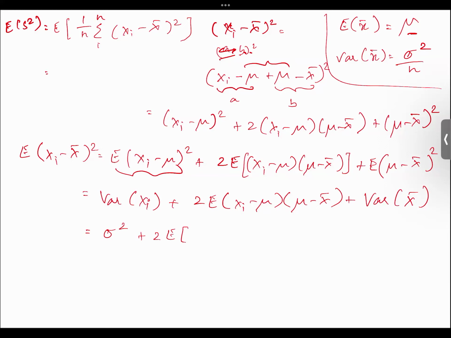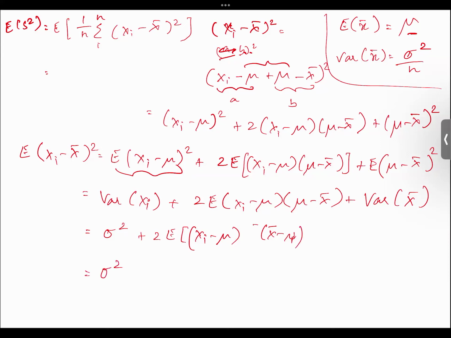What we can do here is, you could also write this as 2E[(xi minus mu) into minus of (x bar minus mu)], right? So this minus comes out in that case.